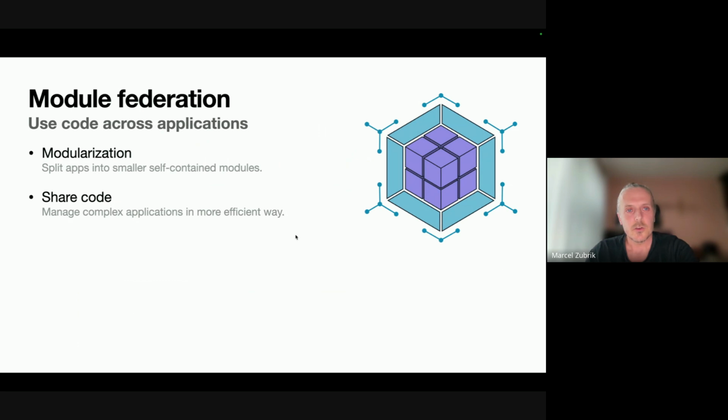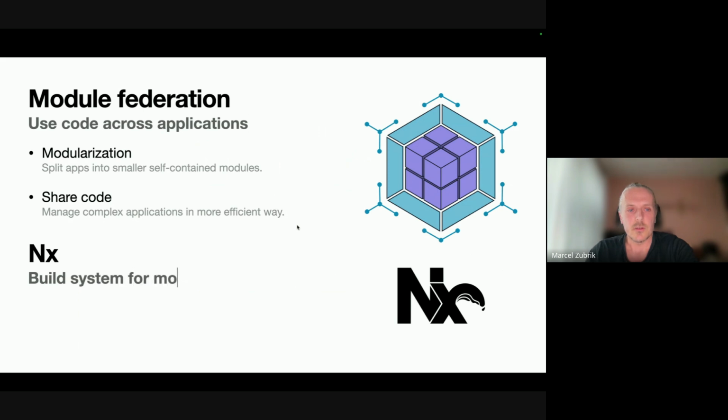Another great feature of module federation is that you can share code across them. So you can have one library for design things, components you want to use, buttons and so on, and it loads once, and you can use it across the application. Actually, with module federation, you can have one package.json.